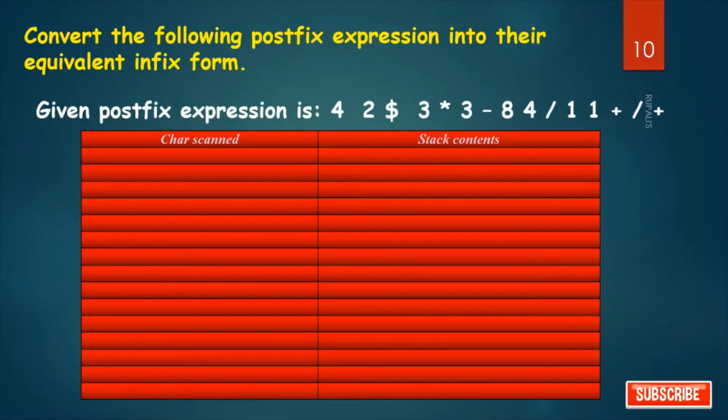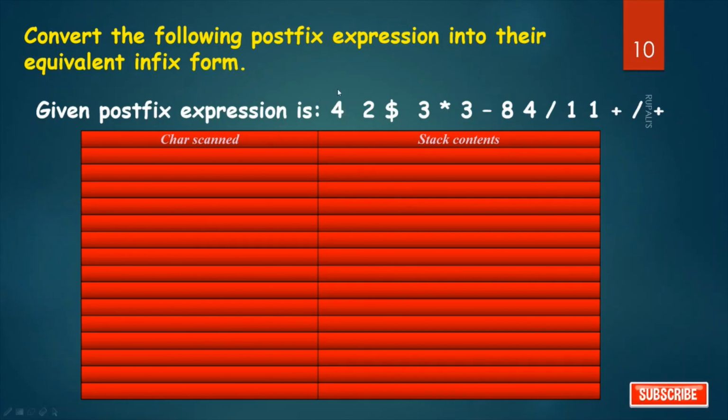Till now, we already learned how to convert an infix expression to its corresponding postfix or prefix form. Today, we will learn how to convert any postfix expression into its equivalent infix form. So the postfix expression is given, and you have to convert it into its infix form.